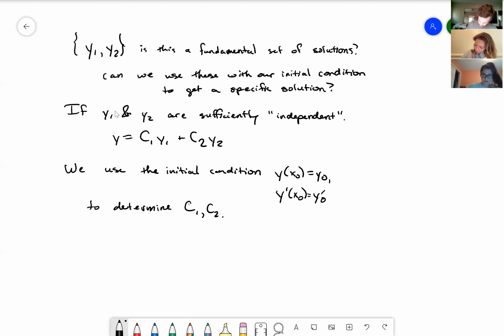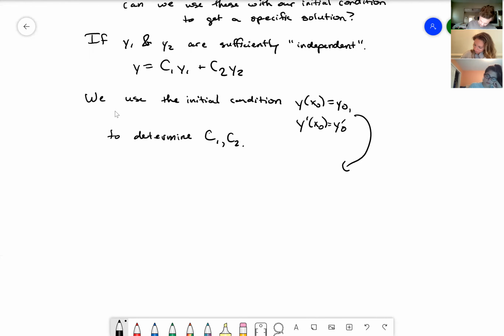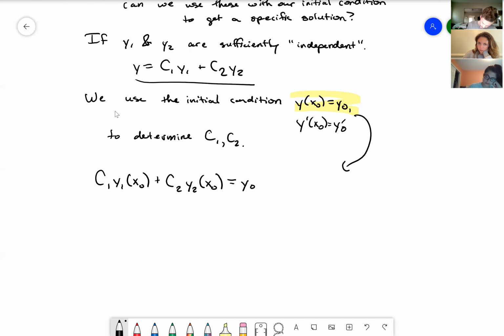This initial condition yields a system of linear equations. The first one comes from the first condition. If we plug in for y, we get c1 y1 of x0 plus c2 y2 of x0, and this is equal to y0.